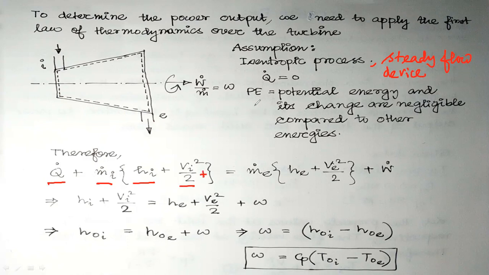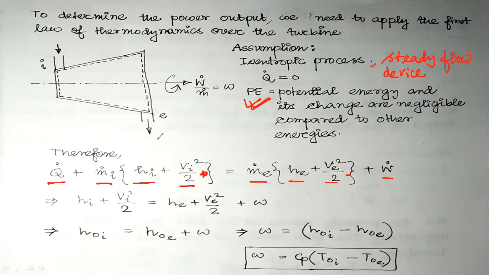Potential energy we have already neglected, so that is 0, equals to mass flow rate at the exit multiplied by enthalpy at the exit plus kinetic energy at the exit plus potential energy at the exit, and that is again 0, plus W dot, that is the work transfer per unit time.